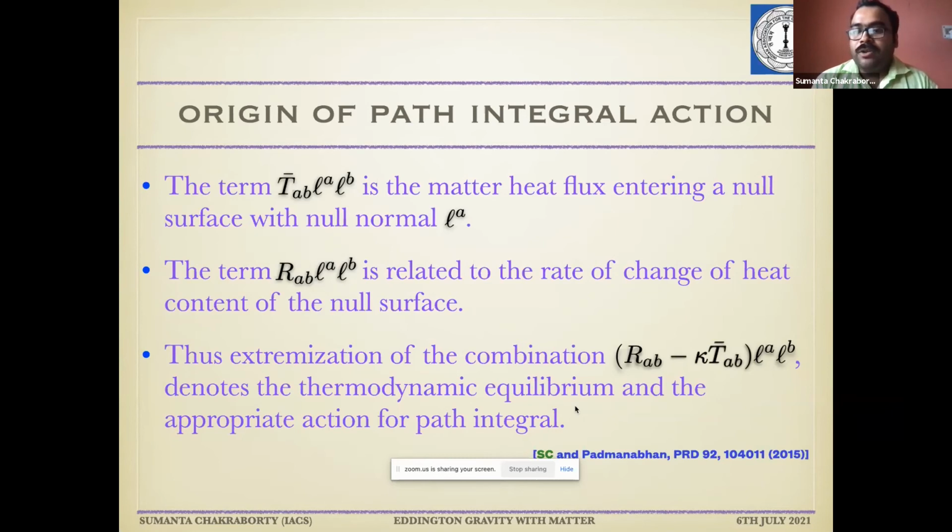It also solves the problem of addition of matter to Eddington gravity, in the sense that T_AB arises very naturally in that framework. And what is more, you get a positive cosmological constant out of that, which was not possible in the case of the Einstein-Hilbert action.